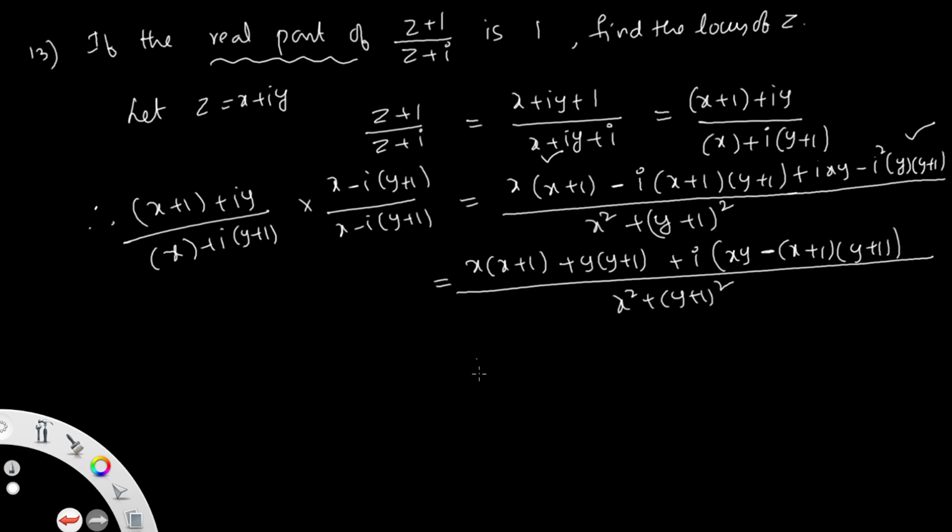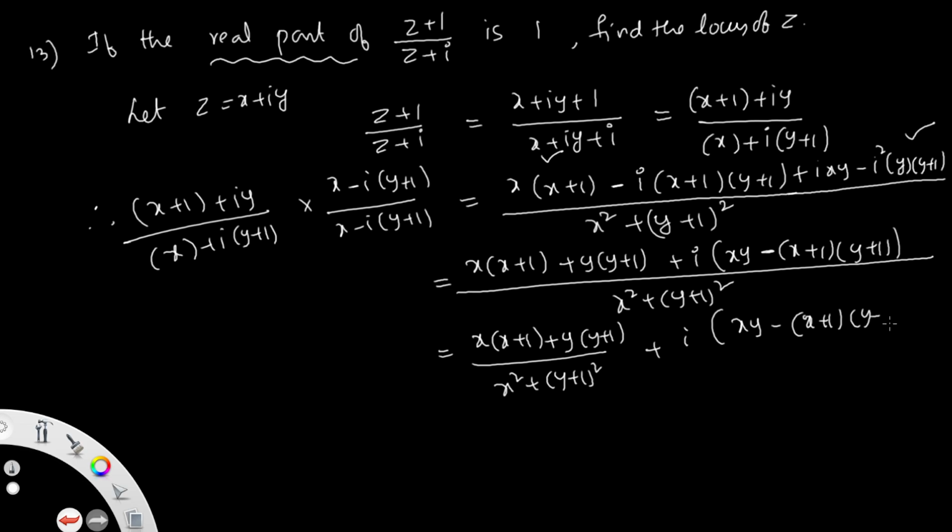Now separate the real part and the imaginary part: y into (y plus 1) divided by x square plus (y plus 1) whole square, plus i into (xy minus (x plus 1) into (y plus 1)) divided by x square plus (y plus 1) whole square.